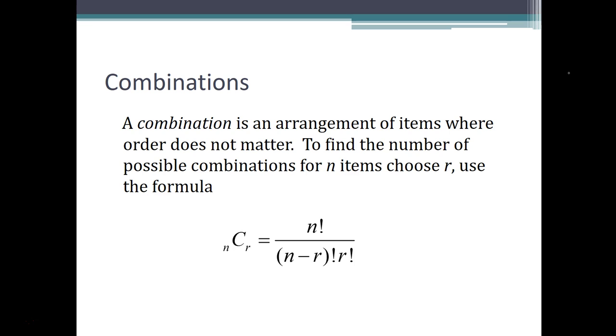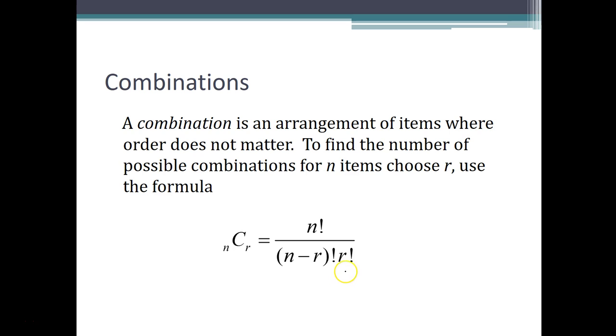Now, for combinations, there's a formula, just like there was for permutations. And notice that that formula looks a lot like the permutations formula. If you take n factorial over n minus r factorial and look at that very carefully, that is the permutations formula. But notice that there's another part down here in the denominator.